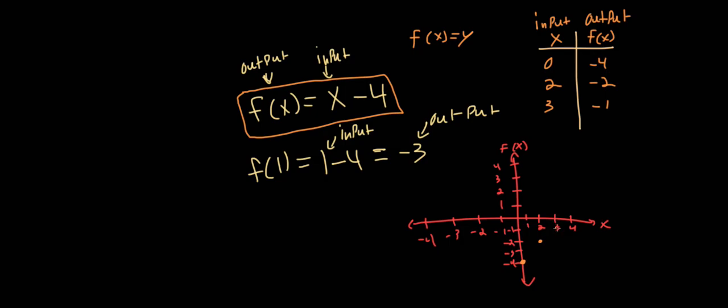So about right there. All right, we're ready to draw the line through it now. So let's go ahead and do that. And we are done. So we just visually represented the function f of x equals x minus 4.